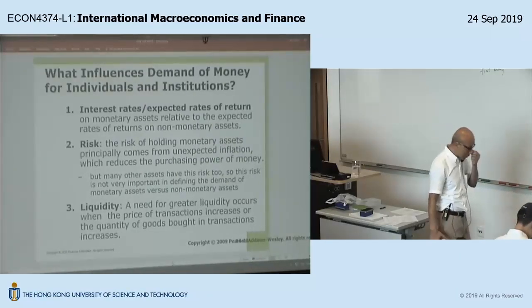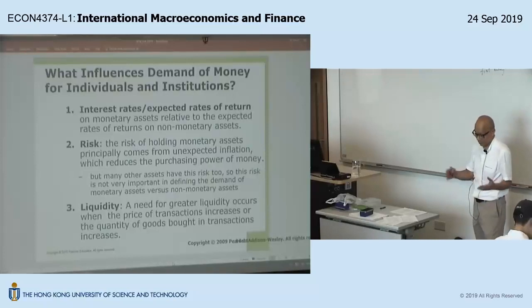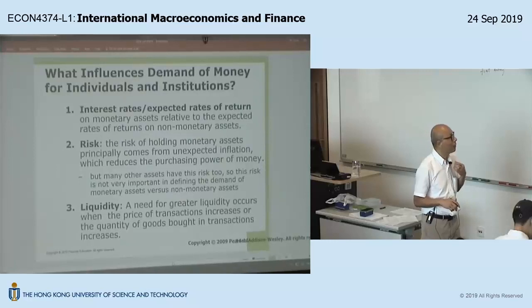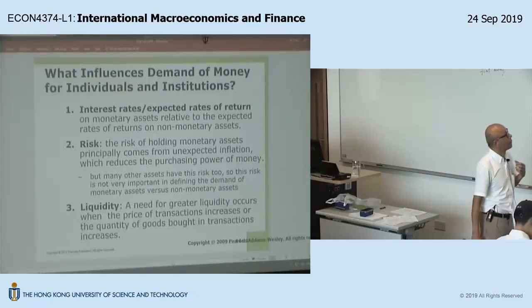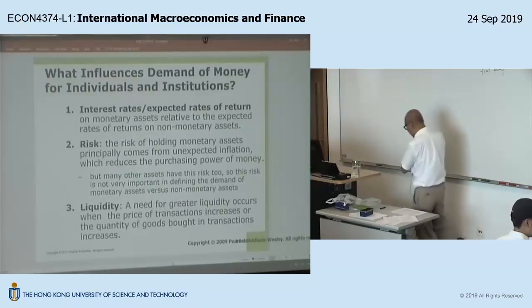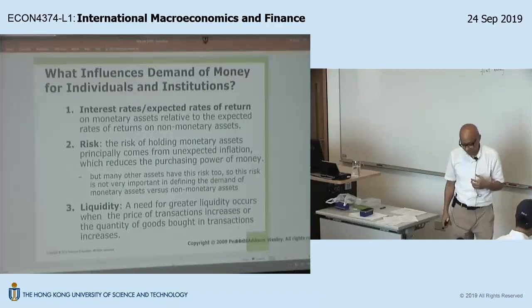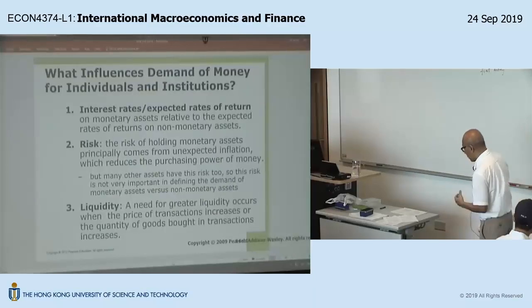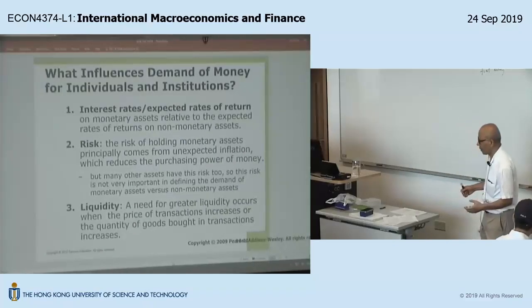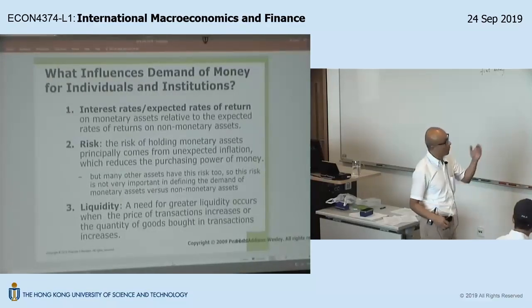The second one is risk. If you buy stocks, there's a lot of risk involved in stocks, but they give you higher return. There is also the risk of holding money itself, which is inflation. But inflation actually affects all assets at the same time, so inflation really should not affect things.